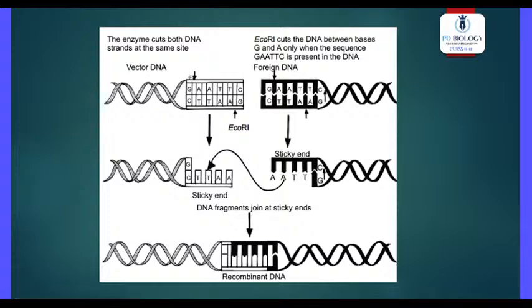Okay, the enzyme cuts both DNA strands at the same site. Here the diagram is shown. EcoRI cuts DNA between the bases G and A only when the sequence GAATTC is present in the DNA.